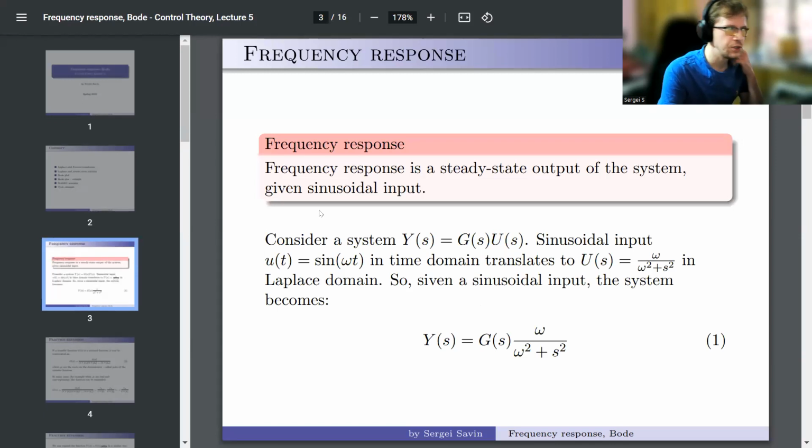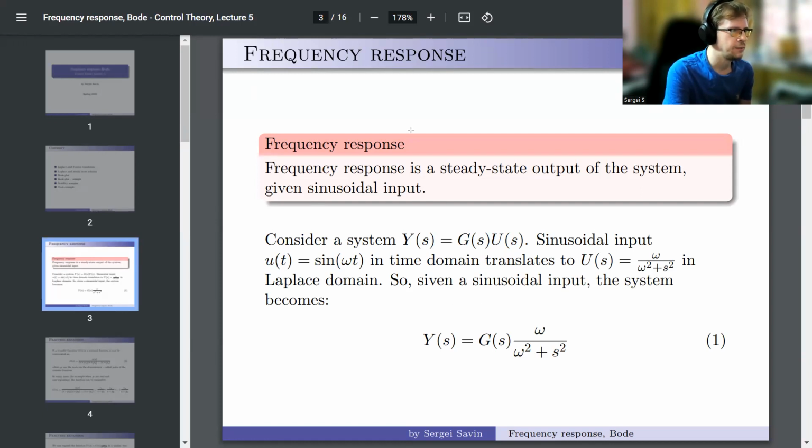Right. So what is frequency response? The frequency response is the steady state output of the system given a sinusoidal input, right? So what do we mean by that? What is a steady state output given the sinusoidal input?